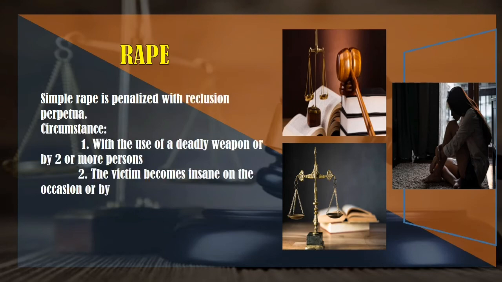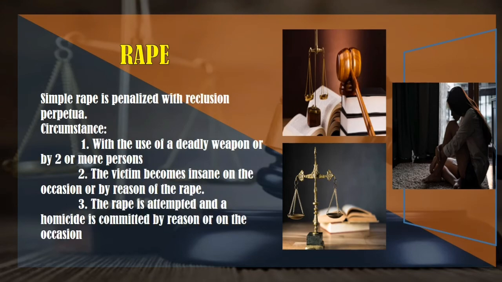So, what is rape? Rape is when sexual intercourse is non-consensual, or it is not agreed upon, or a person forces another person to have sex against their will. It can happen when the victim is intoxicated from alcohol or drugs. Simple rape is penalized with reclusion perpetua.